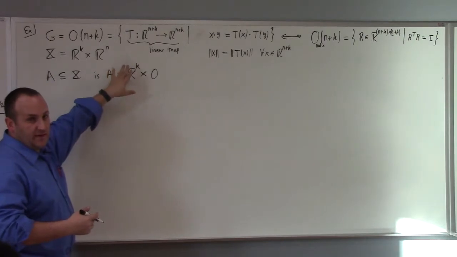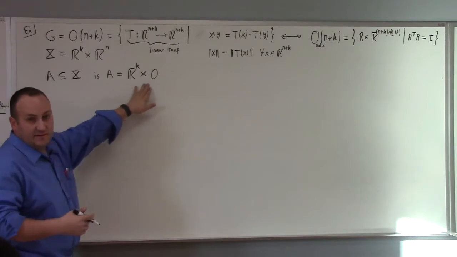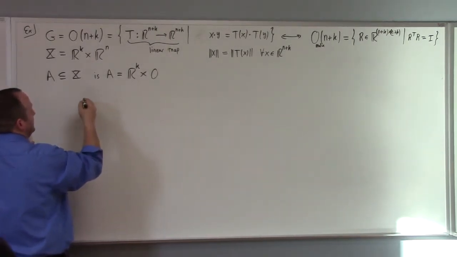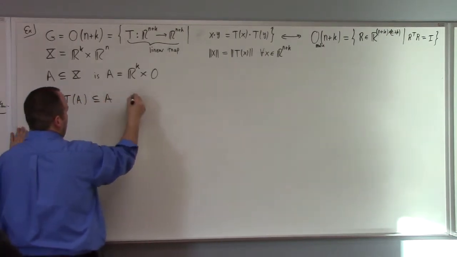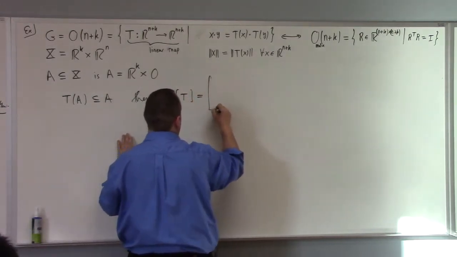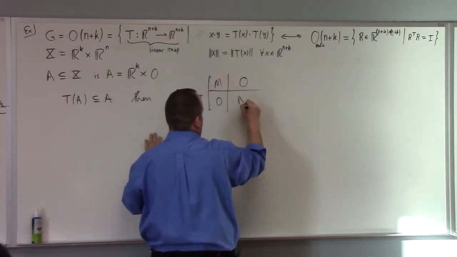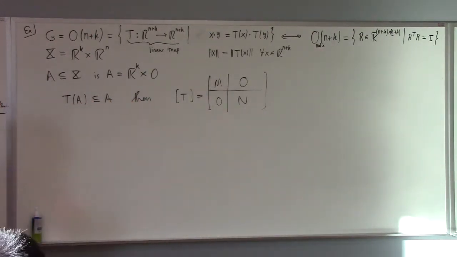And then you can ask which of these orthogonal matrices fix A. If we want T of A to be a subset of A again, then he points out that the standard matrix of T should look something like this. It should be a block matrix like that, and how big is M?